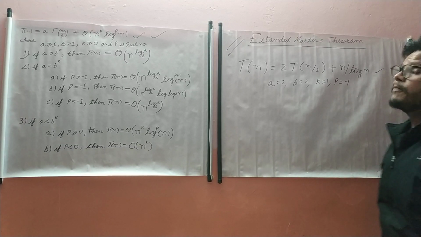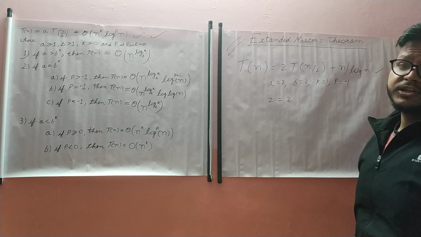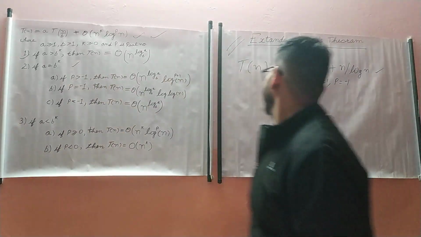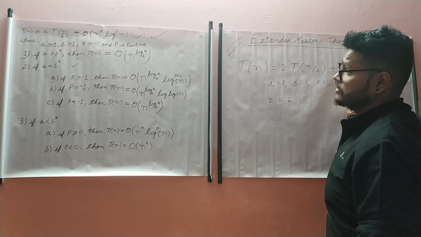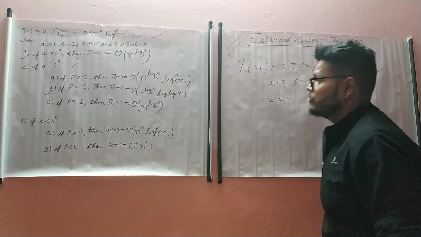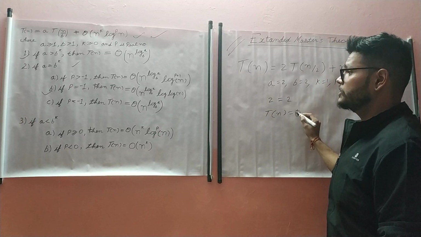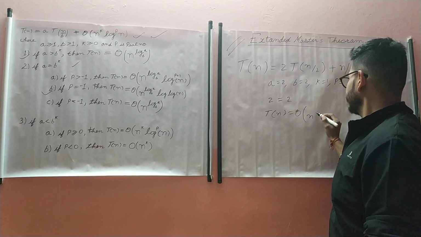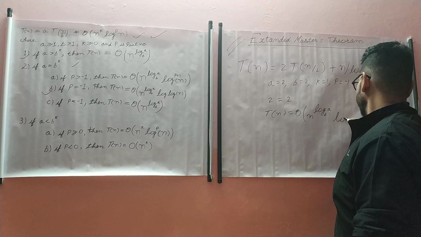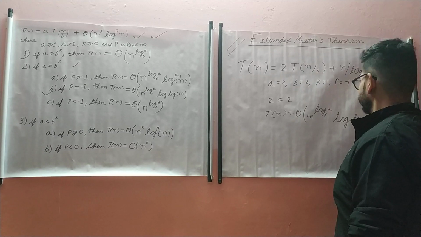Now compare a and b^k. So we get a = b^k, and we get the value of p as -1, so we apply this one. T(n) = theta of n^(log_b a) log log n.